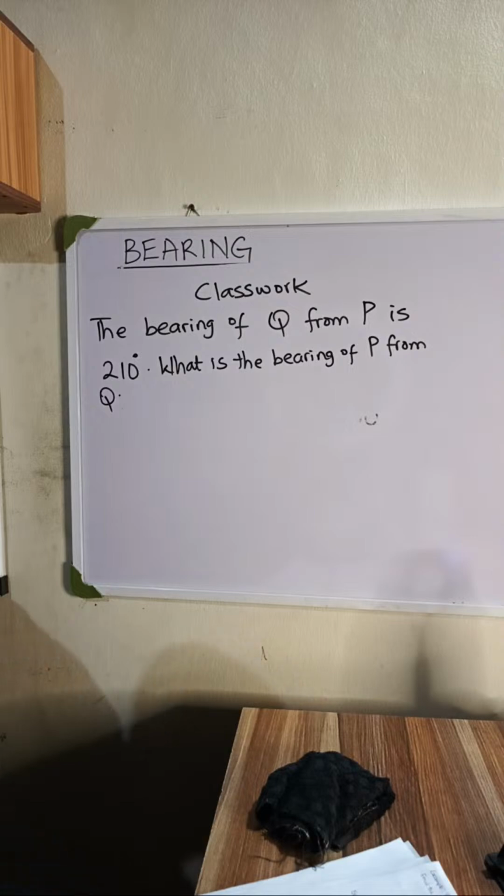390 degrees. This question is a little bit different from the first two questions. Remember, your bearing is in the clockwise direction. So when you get to Q, you want to go back to P, check the clockwise direction, what you have. It's a little bit different from the first two.